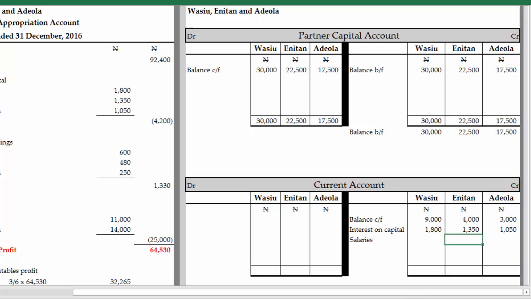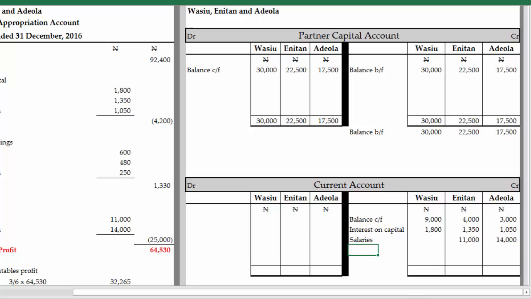However, if it has been paid, you will debit the profit or loss appropriation account and you credit the cash or bank account as against the current account. But by crediting this account, it shows that we are still owing Enitan and Adiola. To Enitan, we owe 11,000 and Adiola we owe 14,000 in salaries.